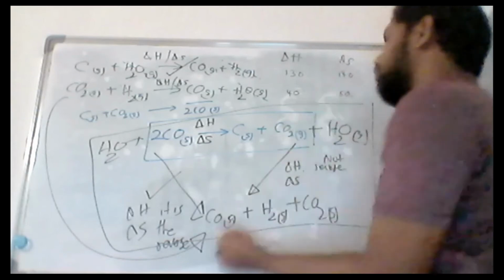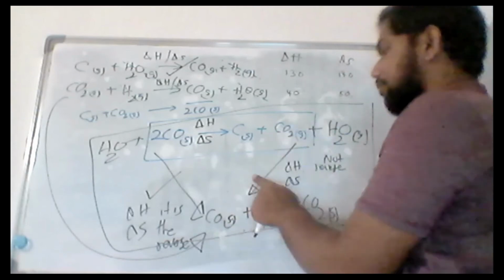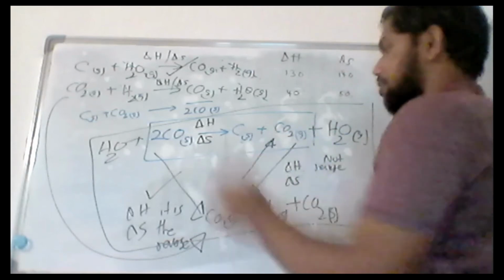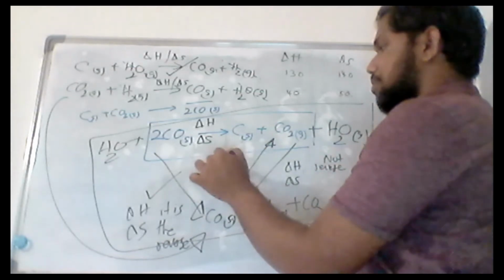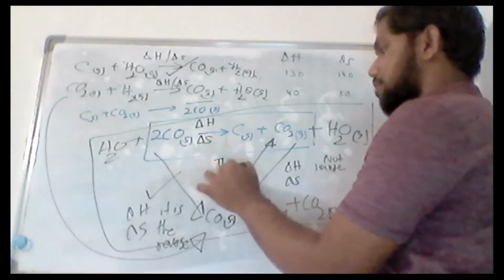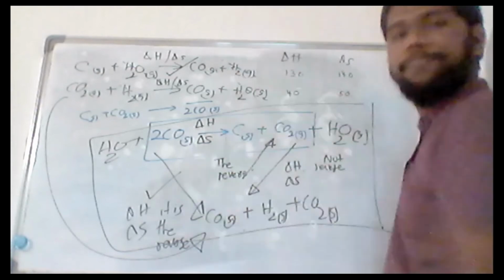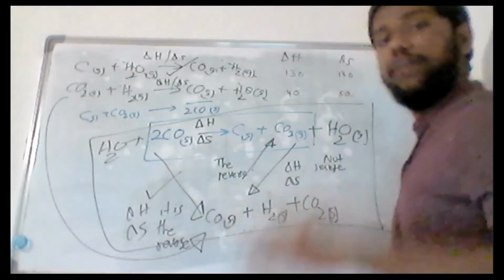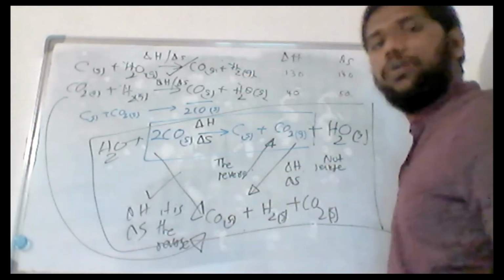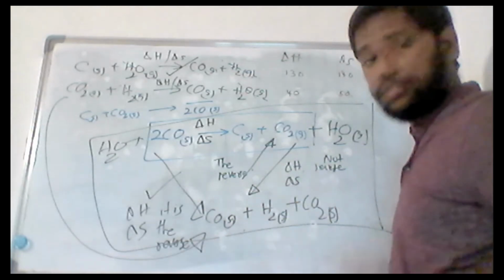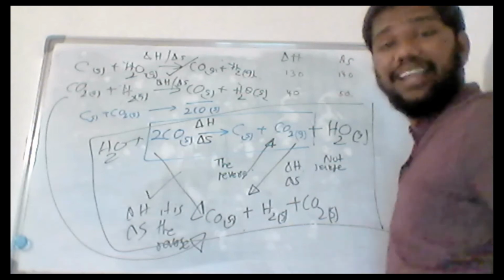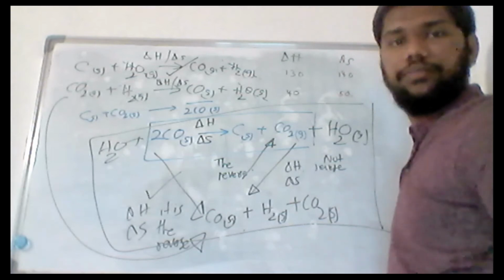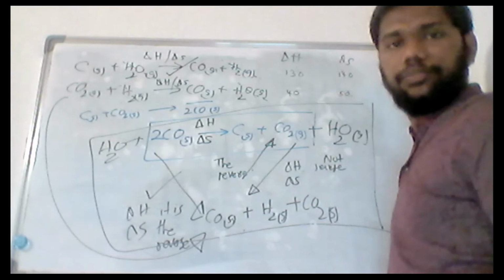If I put the arrow towards this direction, like this, now it becomes the reverse. Okay, try to get every point of the enthalpy cycle, arrow reversing, sign change, balancing equations, and everything from this example.